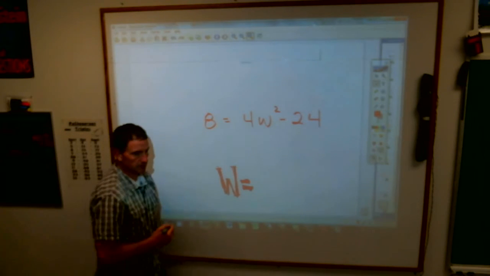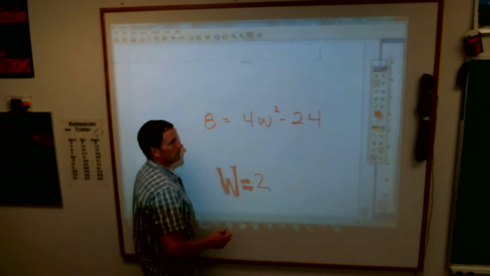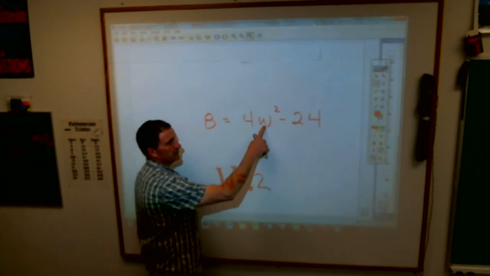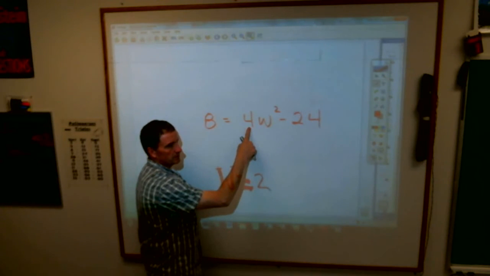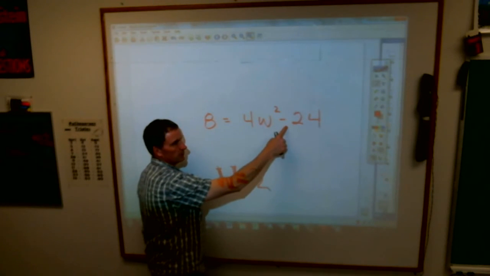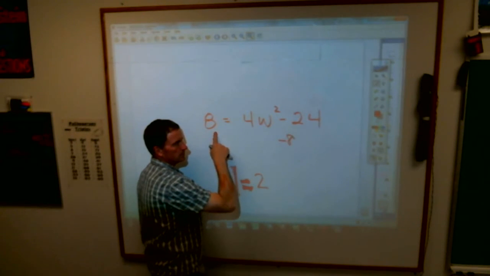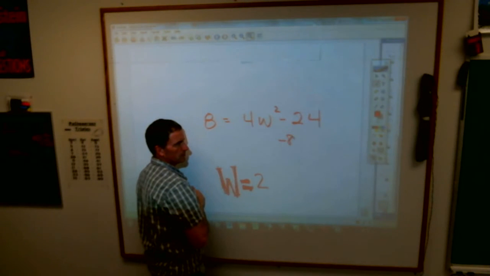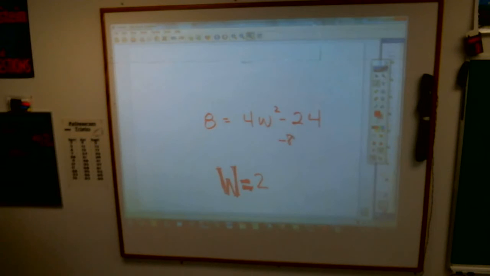Caleb says w equals 2. Now I'm going to do this here. If I square 2, what's 2 squared? 4 times 4 is 16 minus 24. Did I get negative 8? Can it be 2?